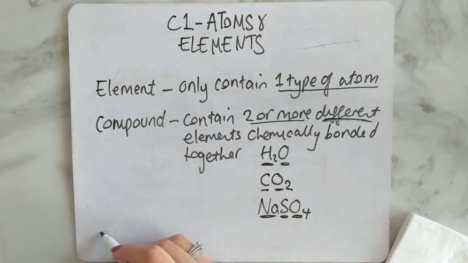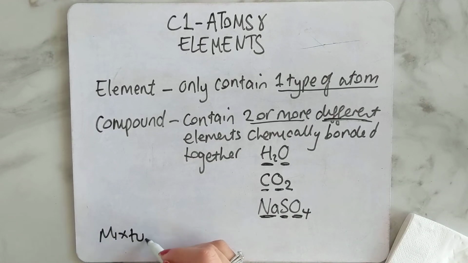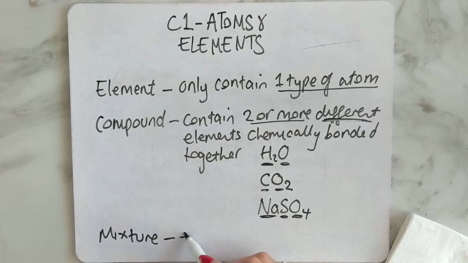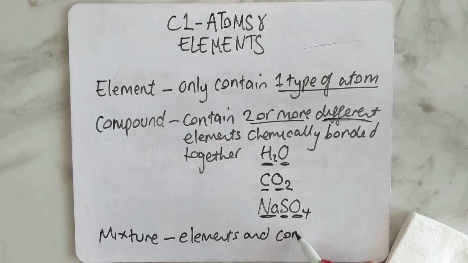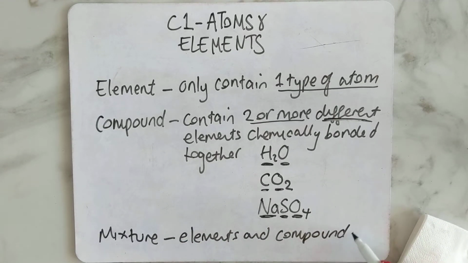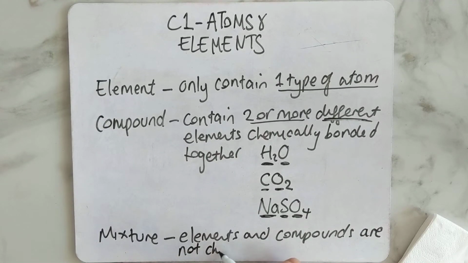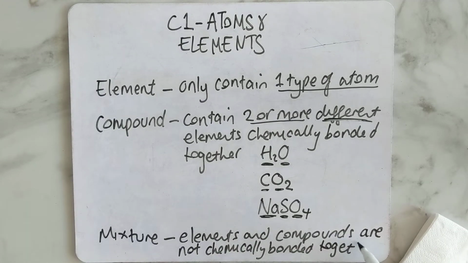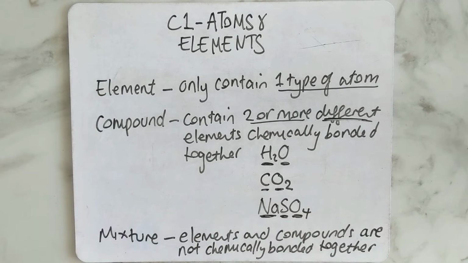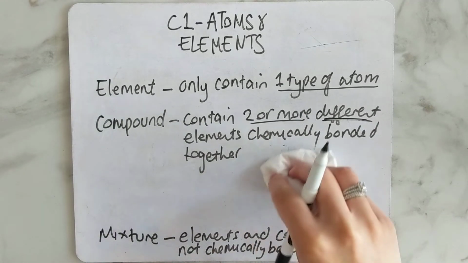Okay, and then the last one is a mixture. So a mixture can be separated. It's where elements and compounds are not chemically bonded together. I'll just squeeze it up here.